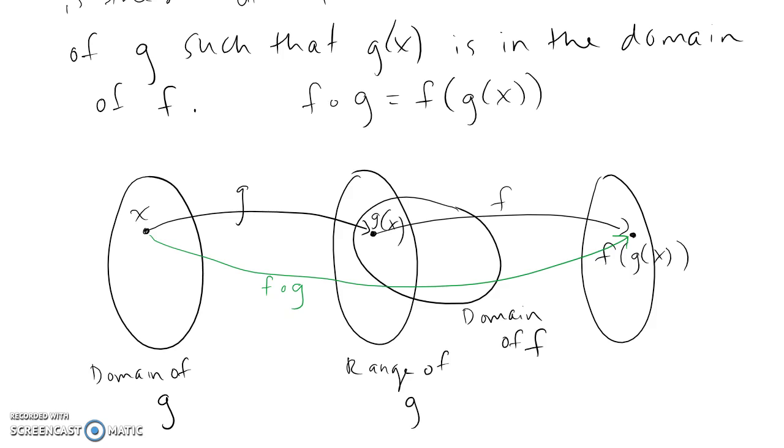All right. Now, let's take a second x in the domain of g, right? And g is going to take it, the function g is going to take it to another value in the range of g. And then let's say that that g of x, since it's sitting here and not inside, I'm going to put in red, this is the domain of f, right?